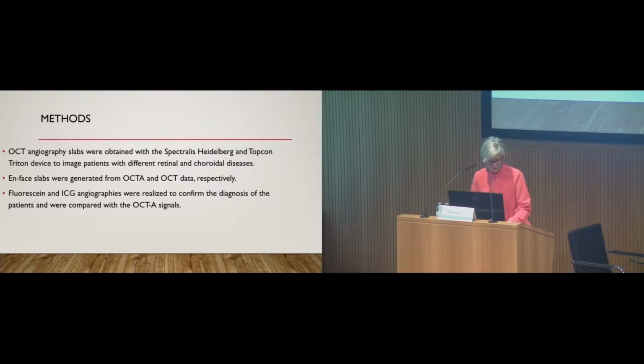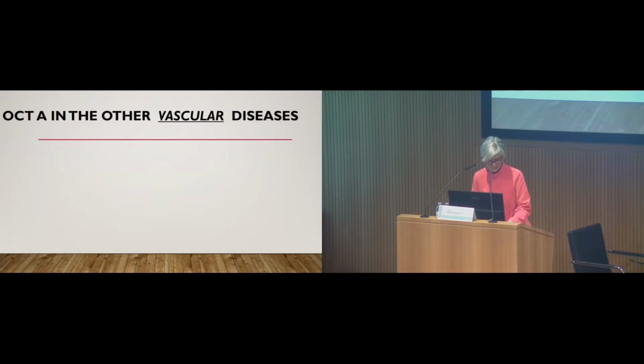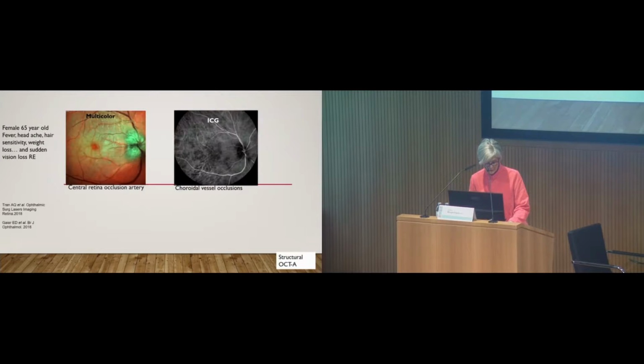Spectral domain OCT Spectralis and swept source OCT TopCon were used to image patients with different retinal and choroidal diseases. In the other vascular diseases, OCTA usually makes the diagnosis easily.